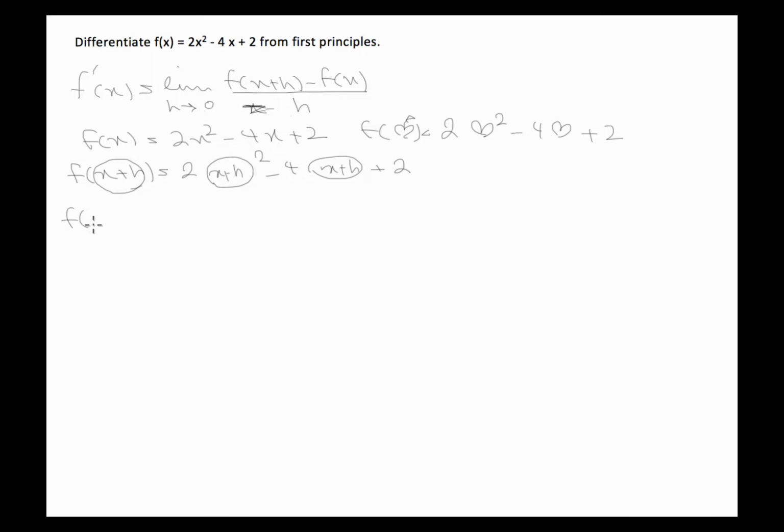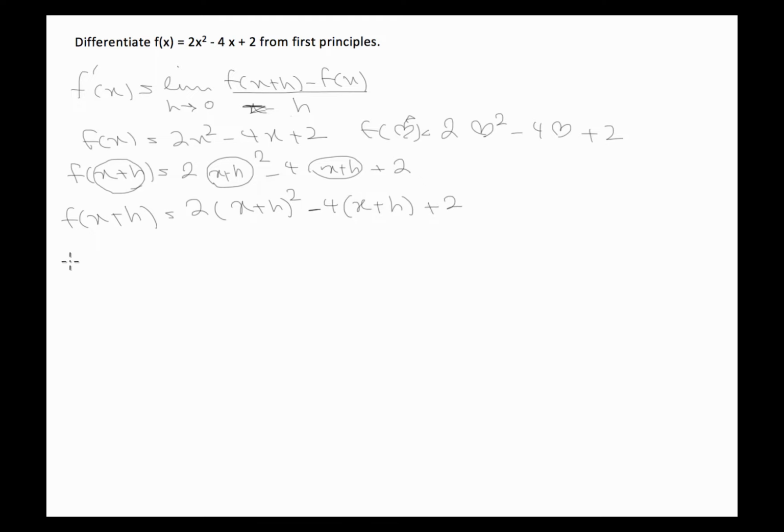Your f of x plus h function in reality is 2 times (x plus h) squared. Remember that this whole thing is going to be squared and this whole thing needs to be multiplied by 2. That's why we have a bracket. Minus 4, again put x plus h in a bracket, and then add 2.